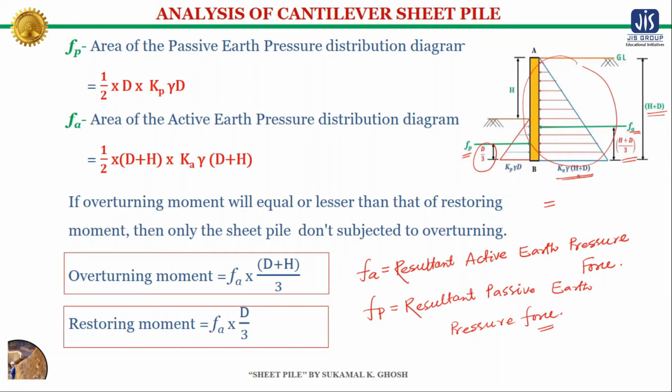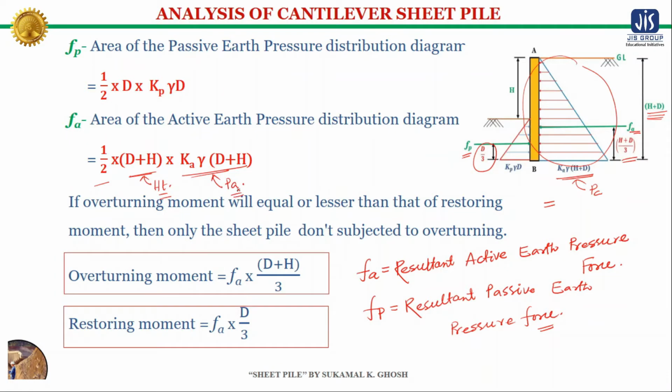So the area of this active earth pressure distribution diagram will be half into the height, that is H plus D, into the base, that is PA, or the Ka into gamma into H plus D. Okay, so if you solve it, you will have half into H plus D, that is the height, and into the base, that is the PA.